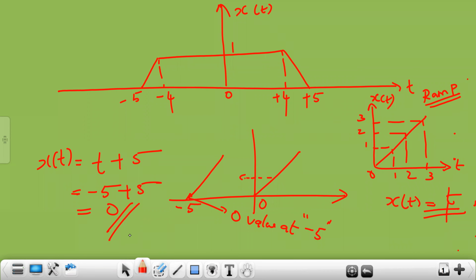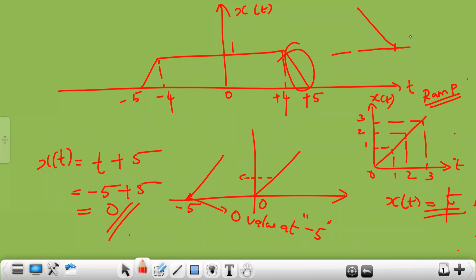So this ramp has been shifted to the negative axis. Now similarly, you focus on this area. This is also a kind of ramp, but it is a negative ramp. See, I will redraw here once. I'm getting 0 at plus 5.